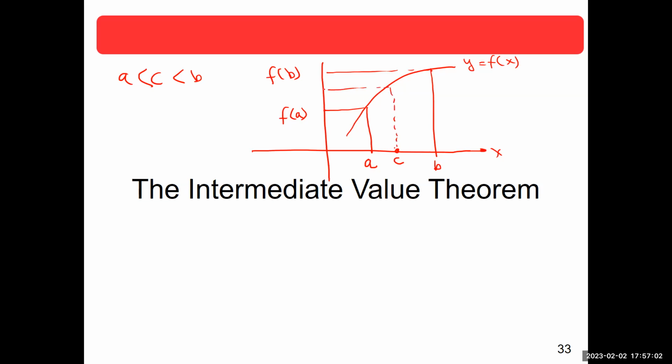Is it going to be above f(b) or below f(a)? Neither. It's going to be definitely in between. You can see that. So this is f(c). The y value at point c is greater than f(a) and less than or equal to f(b).